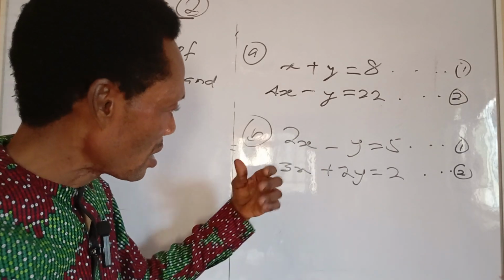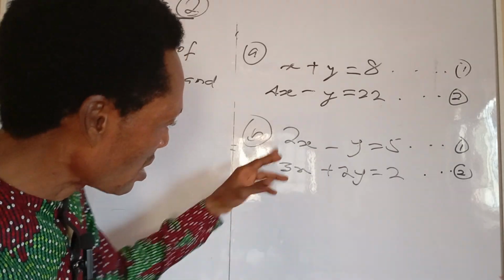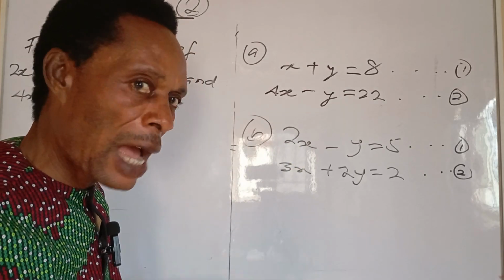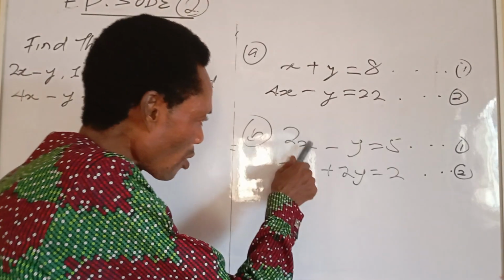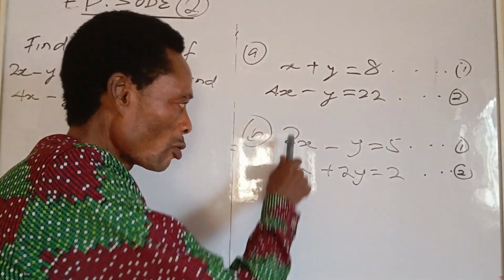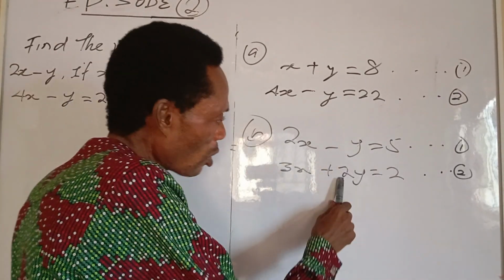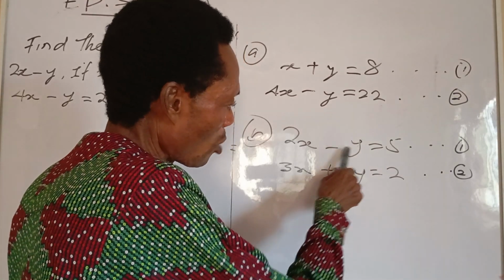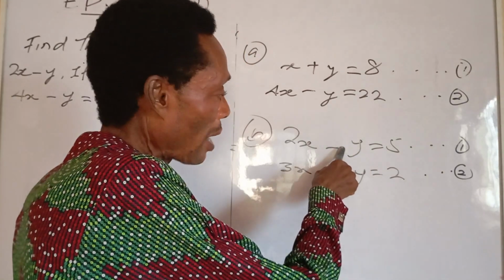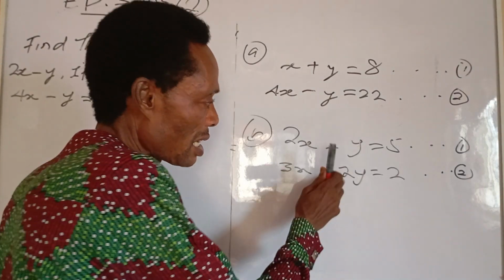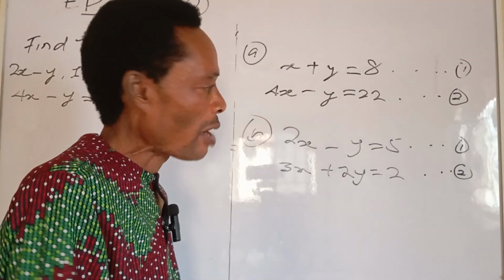Like the second one, B, look at this 2x and this 3x, they are not uniform, because the coefficient of x in equation 1 and in equation 2 are not the same. And for y, the coefficient here is 1 and here is 2. They are not uniform. This is an example of a non-uniform coefficient problem.